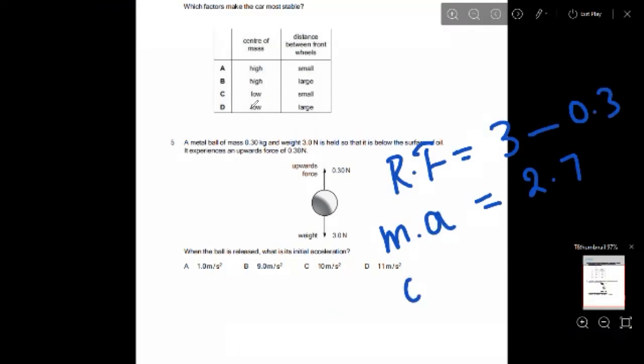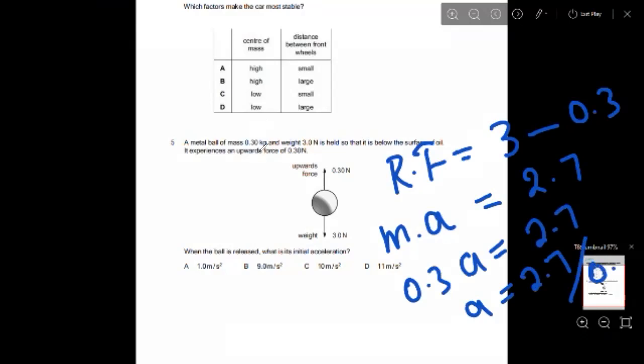So m is 0.3, F is 2.7, so a would be equal to 2.7 divided by 0.3, so a would be equal to 9. So our correct option is 9, and it means these three are incorrect and we have only one which is the correct one.